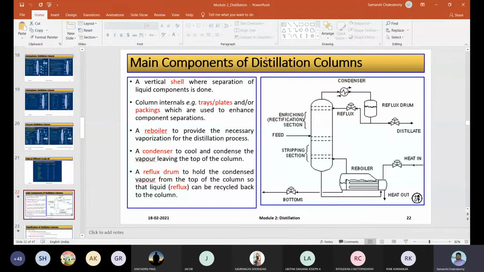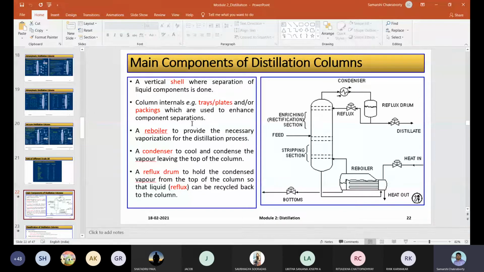That is the common practice. Column internals like trays and plates are used to enhance the component separation. If you have trays and plates, it becomes much easier to have proper vapor liquid interaction. And I have said previously also that higher vapor liquid interaction means better separation, so you would be able to properly separate the components.